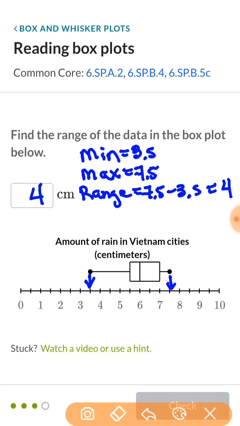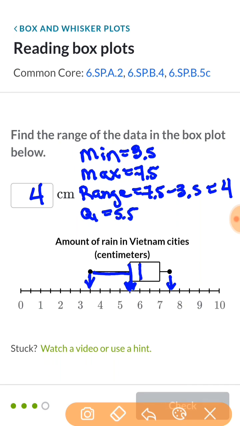My answer is 4. But to make sure that you've gotten a good handle of the other data that you should be able to find from this, at the end of quarter 1 will be quartile 1 or Q1, and Q1 is between 5 and 6, which would be 5.5.